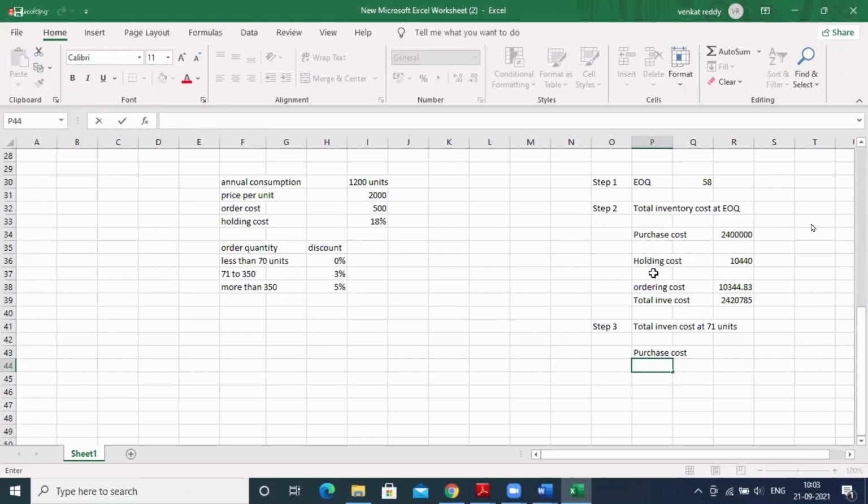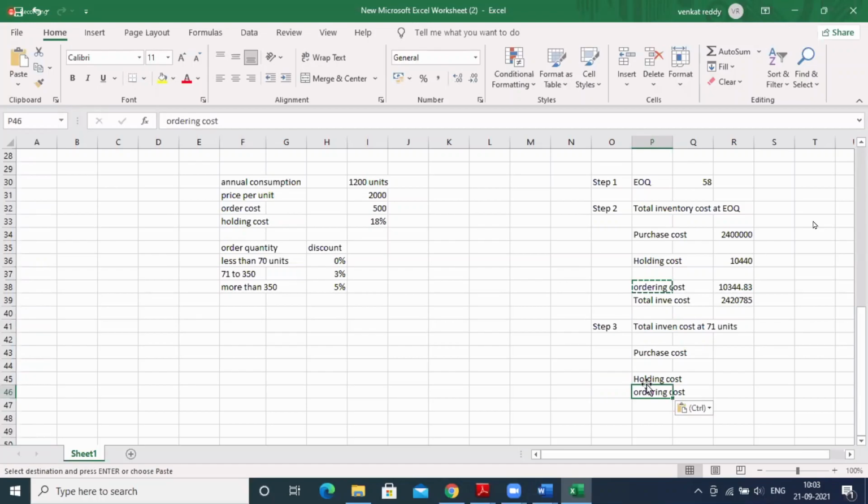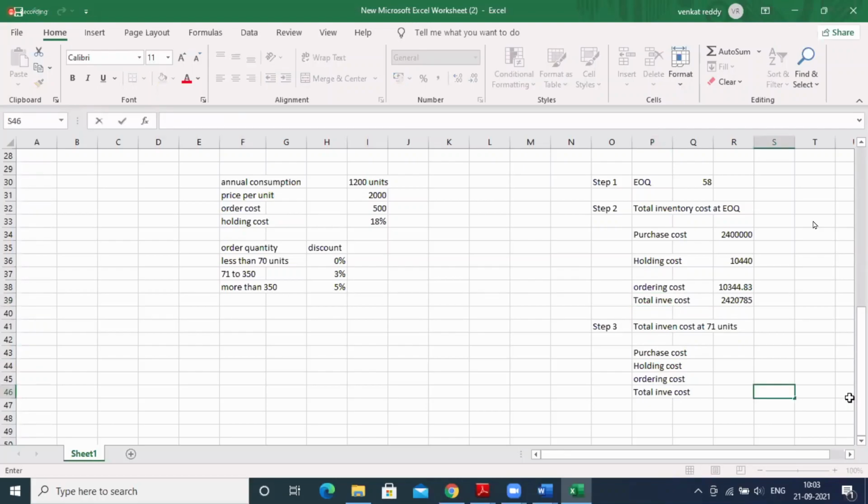Again, same: purchase, holding, and the total. Can anyone let me know what will be the purchase cost now?